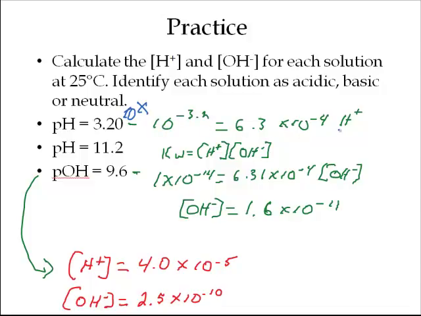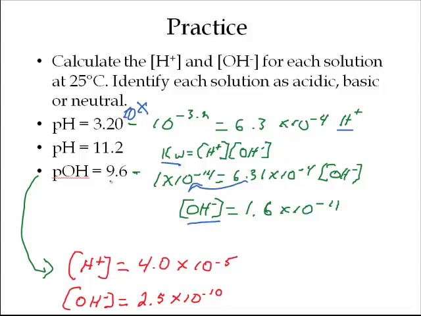Now once I know the H concentration, since I know that the H concentration times the OH concentration has to equal 1 times 10 to the negative 14th, I took that number, divided it into 1 times 10 to the negative 14th, and I got this value. And that's what's very useful about knowing that KW is always going to equal 1 times 10 to the minus 14th. So I get my OH value that way.